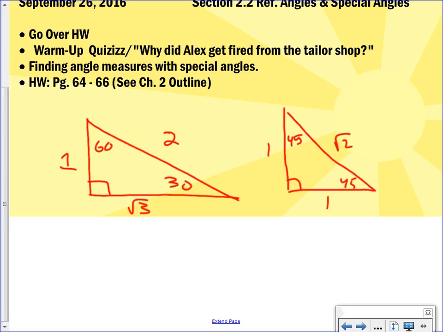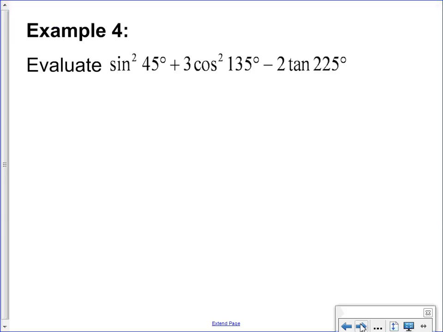That means you can solve anything now, as long as it's one of those angles, the 30, 60, 90, or 45, 45. These are easy. And as long as you know how to use reference angles.